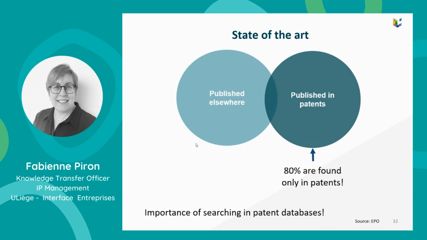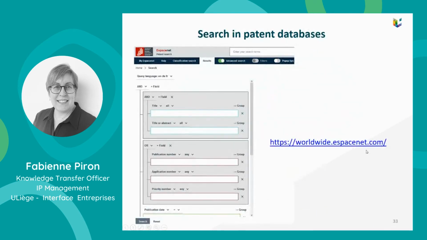So that's all of my presentation to understand why it is important to search this information and to know it. And now we will go to the next slide to understand how it is possible.